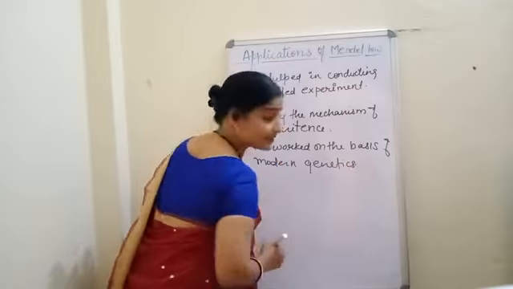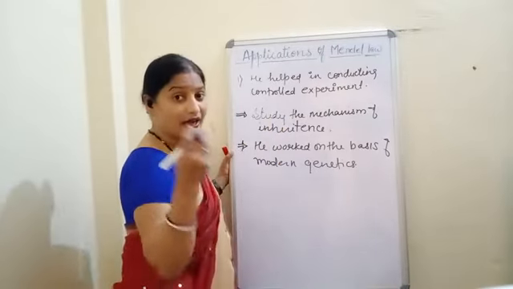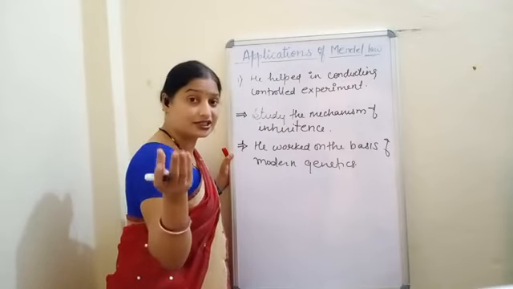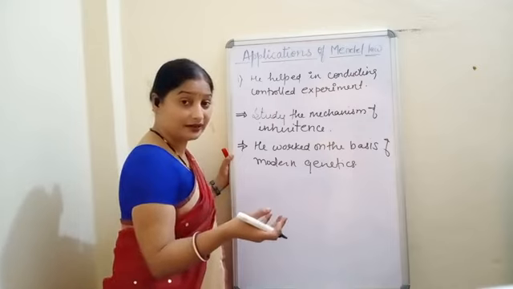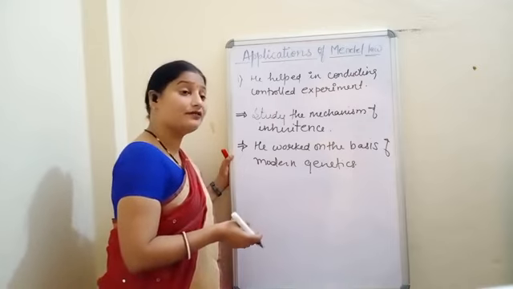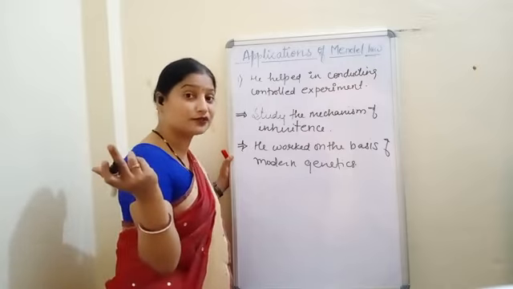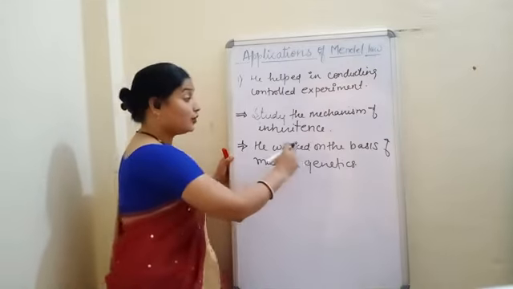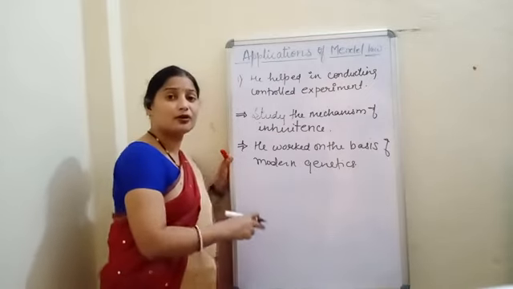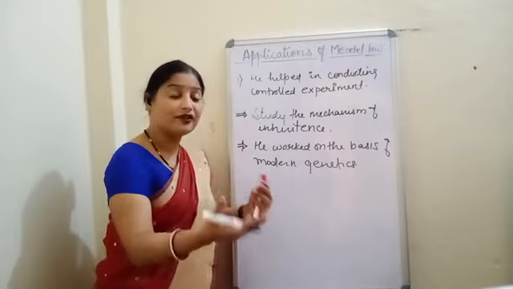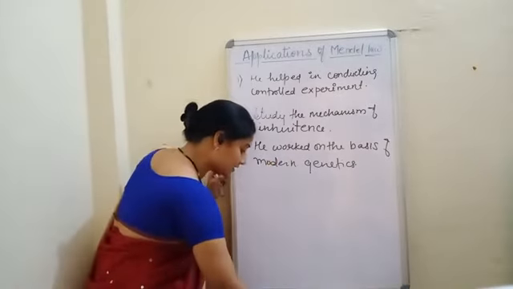Just now I gave you the example of the people who are living in the south, they are having starch because most of them depend on the paddy crop, and so the scientists have added protein so that those people do not get any deficiency of protein. So what is this? He worked on the basis of modern genetics. It is called modern genetics because we are mixing the traits and improving the variety. So he introduced modern genetics.